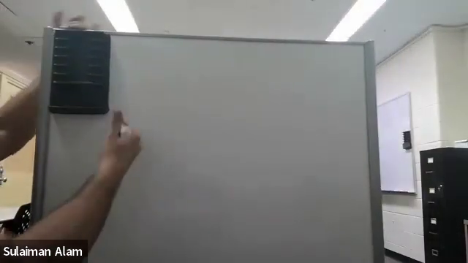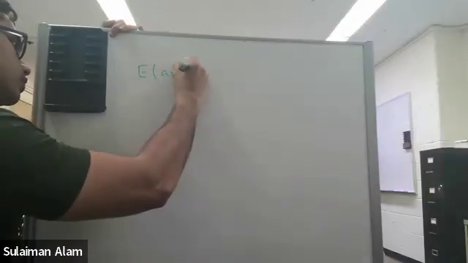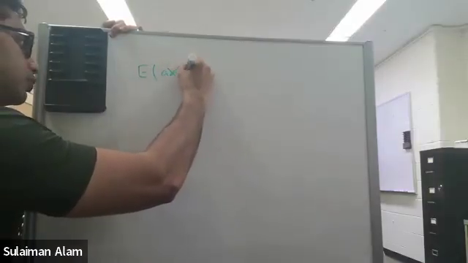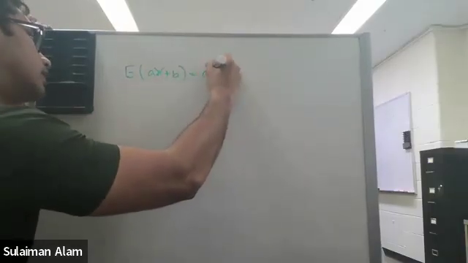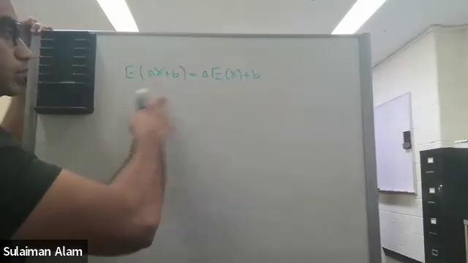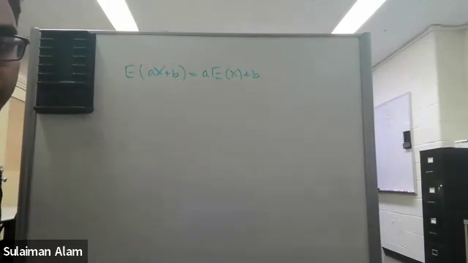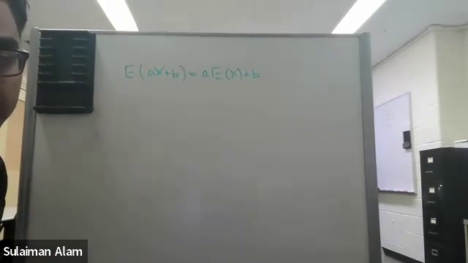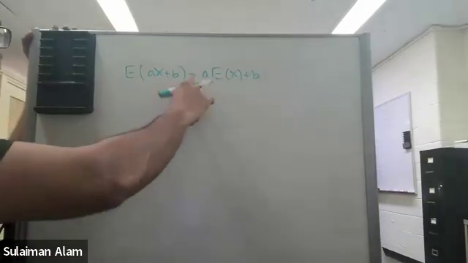Basically, we have these formulas: E of AX plus B is equal to A times E of X plus B. This shows the expected value is linear, so any change we make applies linearly.